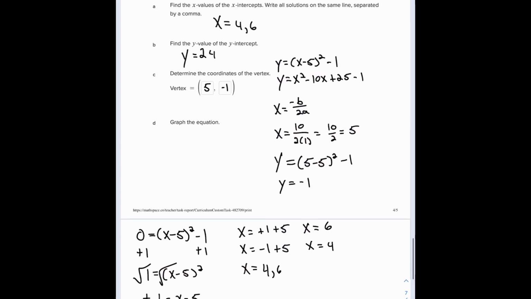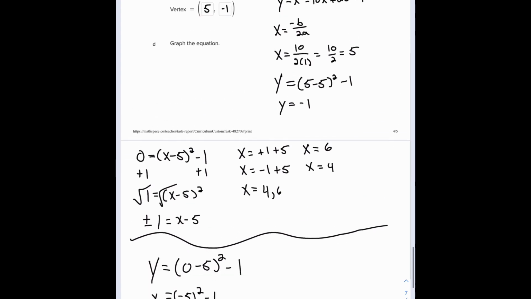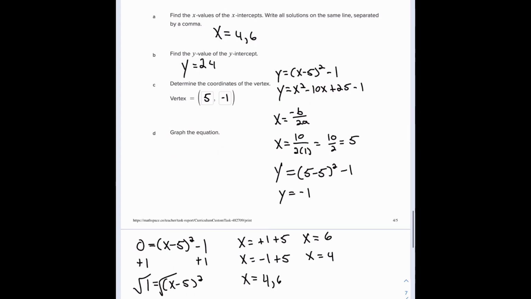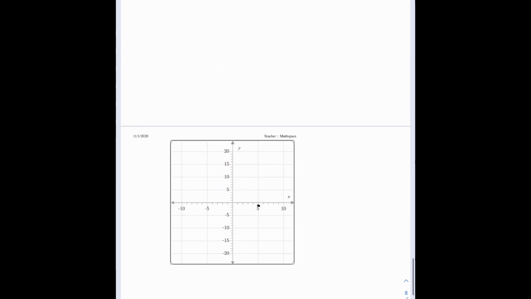So now we have to graph the equation. Here's our graph right here. And remember, the coordinates of our vertex are over 5, okay? And then down 1, because y is negative. So right here's our vertex. And then now we're going to look for our y-intercept, which is 24. This scale is 1.